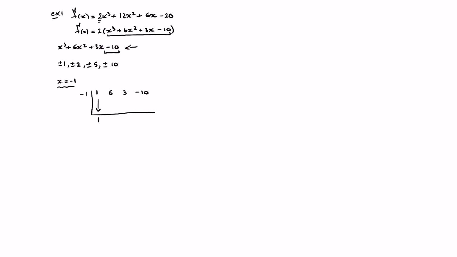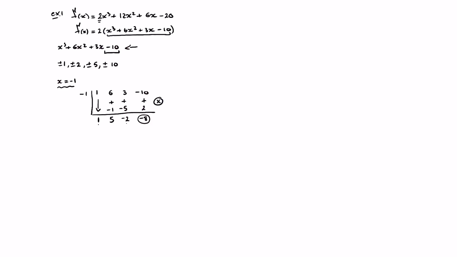Negative 1 times 1 is negative 1. 6 plus negative 1 is 5. Negative 1 times 5 is negative 5. And 3 plus negative 5 is negative 2. Negative 1 times negative 2 is 2. And negative 10 plus 2 is negative 8. Since this is not equal to 0, negative 1 is not a root of this polynomial. So the value negative 1 doesn't work.